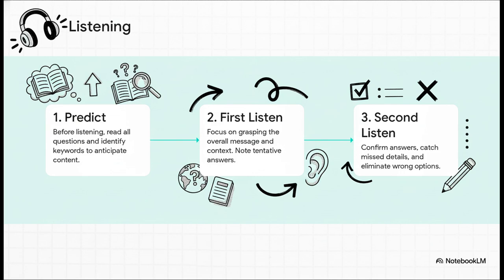They're reading the questions, looking at the options, and thinking about what they might hear. Then, on that first listen, they're just aiming for a global understanding. What's the main idea here? Then, on the second listen, they go on a hunt for the specific details that confirm their answers and, just as importantly, rule out the wrong ones. Predict, gist, detail. It's simple, but man, is it powerful.